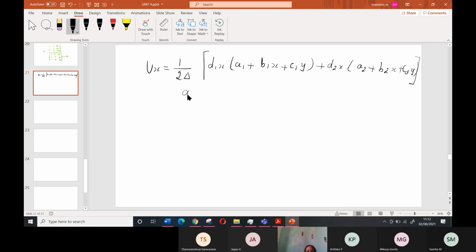So where A1 is equal to x2 y3 minus x3 y2, and A2 is equal to x3 y1 minus x1 y3, and A3 is equal to x1 y2 minus x2 y1.